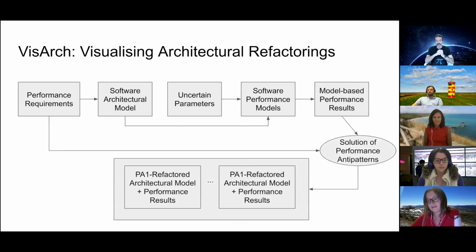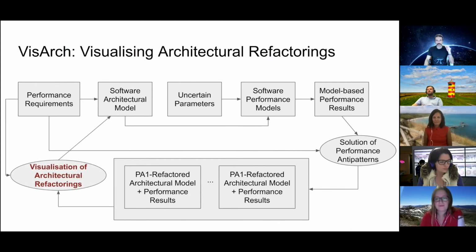Our solution is to have a repertoire of different refactorings that can address these performance issues that we find in the system. And the key technique that we exploit in this work is basically this visualization about the architecture, antipatterns, and the refactorings that can be done in an automated fashion.